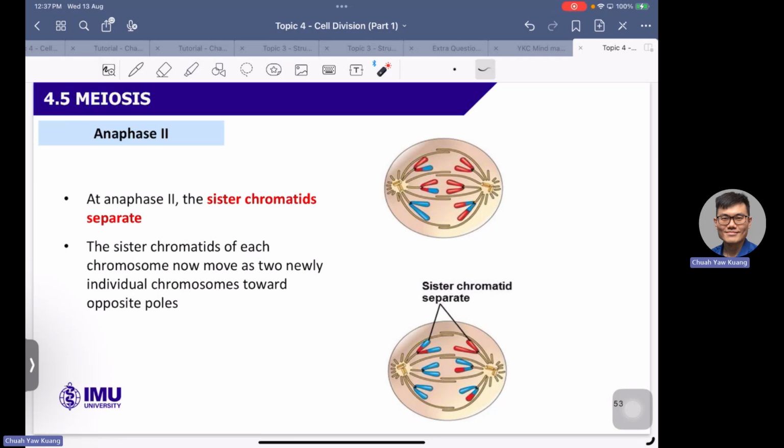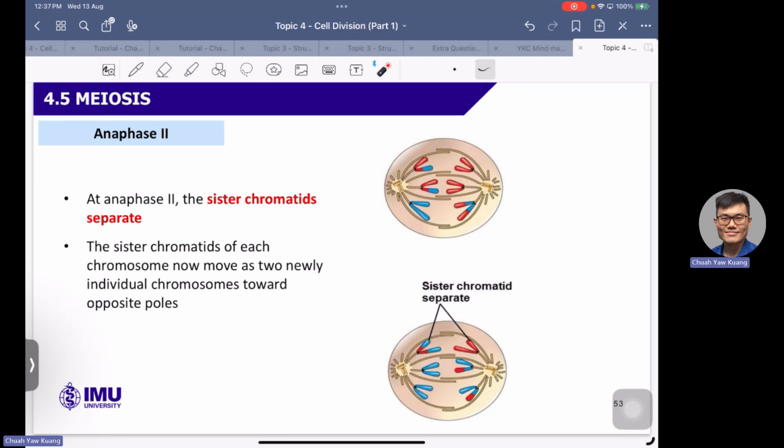But for anaphase 2, you see the sister chromatids are different colors. That means the sister chromatids being separated here are genetically not identical. They are not the same. Why? Because crossing over occurred before this, so their genetic content is different. That's a major difference that you need to highlight.